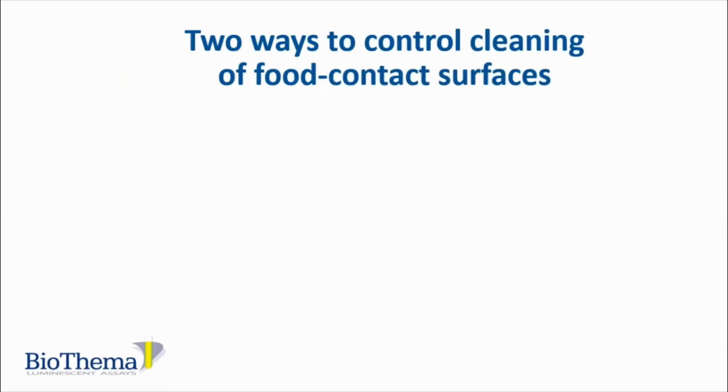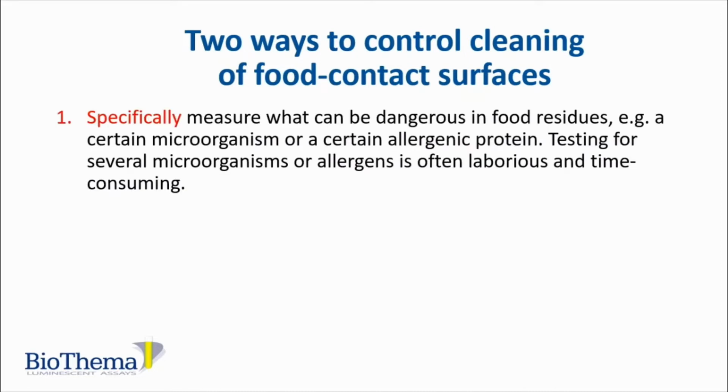There are two ways to control cleaning of food contact surfaces. First one is to specifically measure what can be dangerous in food residues, for example, a certain microorganism or a certain allergenic protein. Testing for several microorganisms or allergens is often laborious and time-consuming.